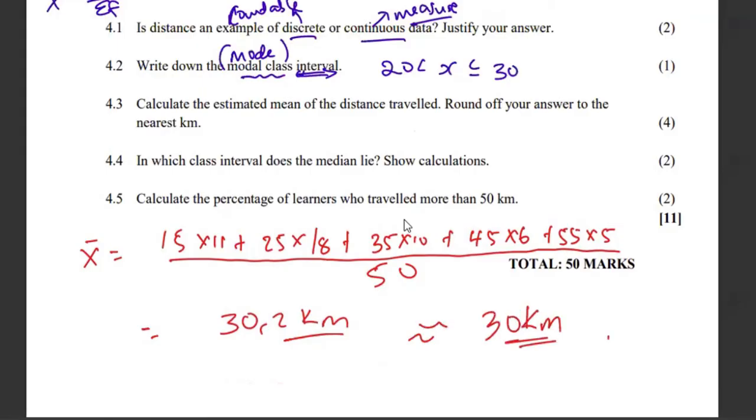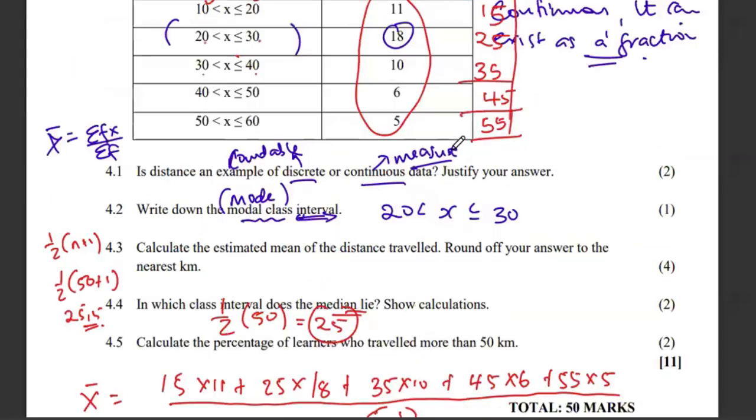All right, then which class interval does the median lie in? Now remember, with the median, I can say a half of 50, which is 25, or somebody could say a half of 50 plus 1, which gives you 25,5. No problem, because we know the position is a half of n plus 1. Now, where do we locate the total of 25 from the frequencies?